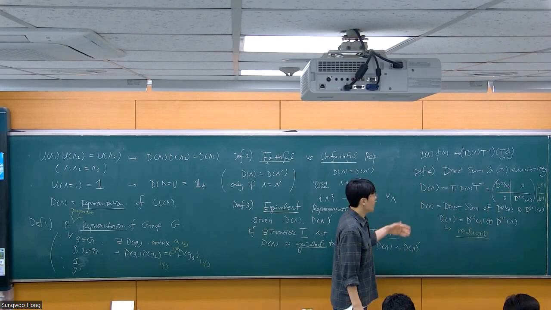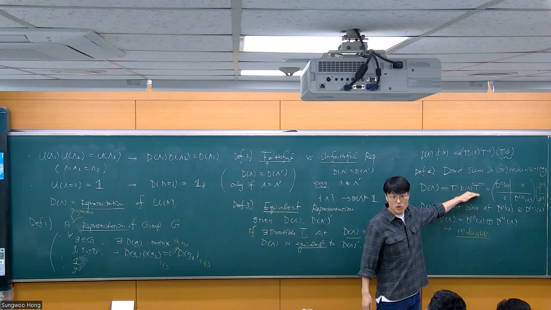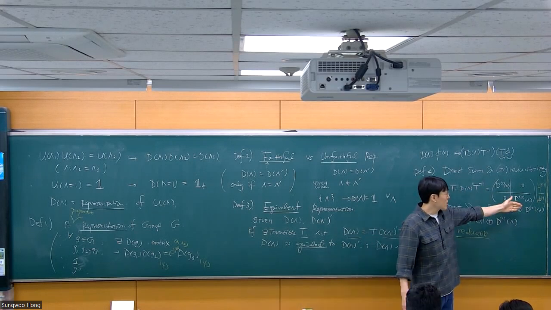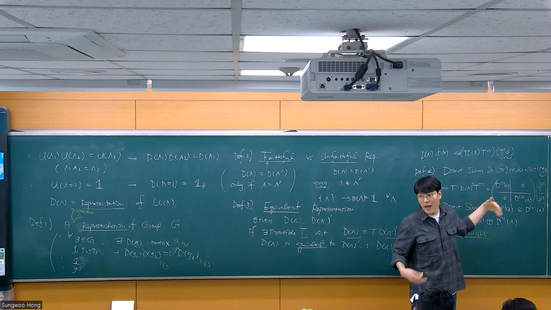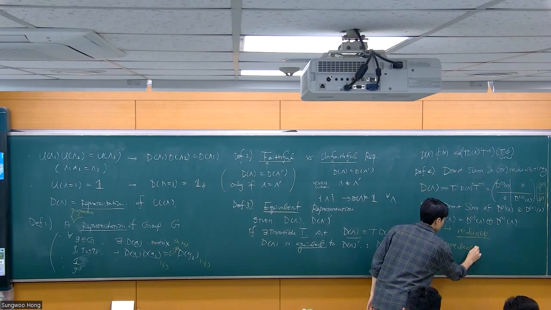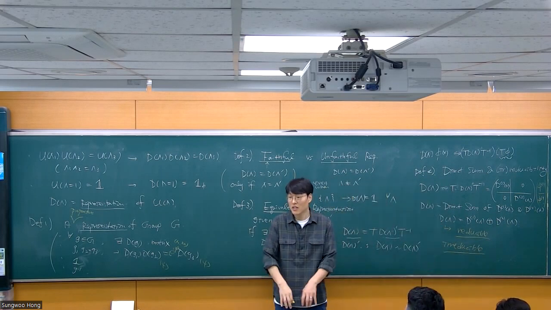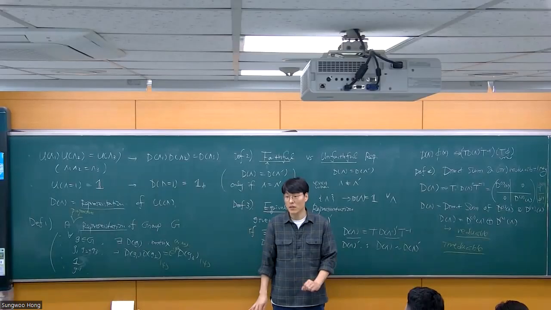And in a similar token, when D can never be written, for any choice of similarity transformation, into a block diagonal form, then obviously we say that that representation is an irreducible representation, because I cannot reduce further to a smaller invariant vector space. Is that clear?